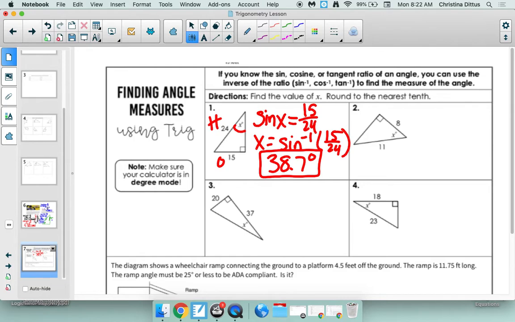Anybody else whose calculator's not working?